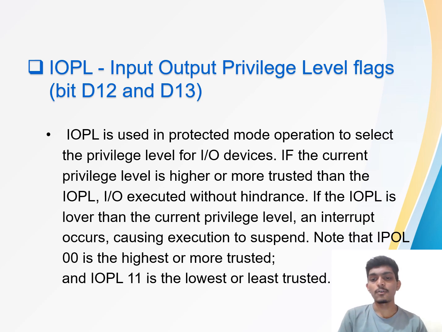If the IOPL is lower than the current privilege level, an interrupt occurs, causing execution to suspend. Note that IOPL of 00 is the highest or most trusted, and IOPL 11 is the lowest or least trusted.